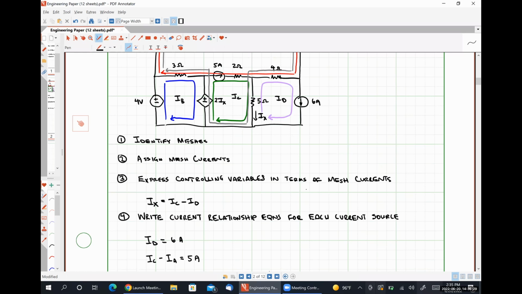Then we see our dependent voltage source. We see the negative polarity terminal first, so that's minus 2ix.